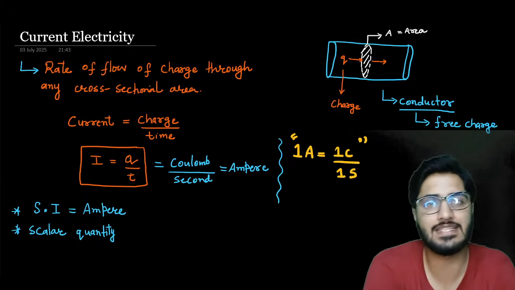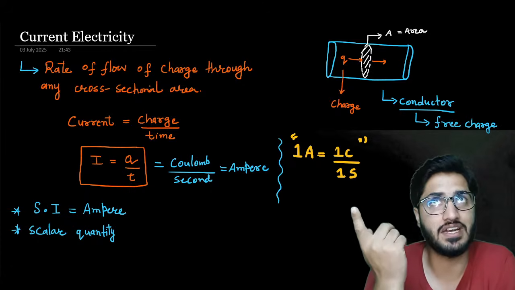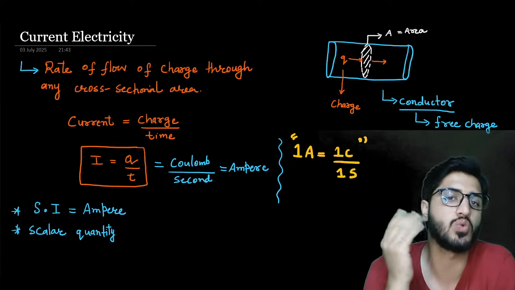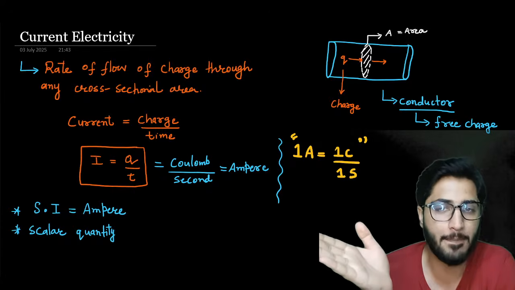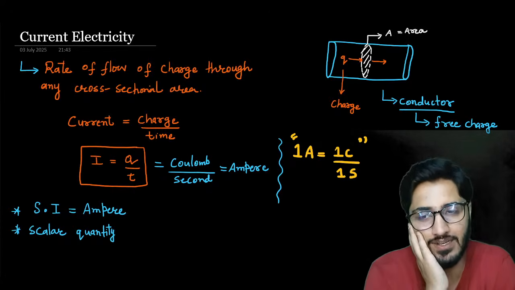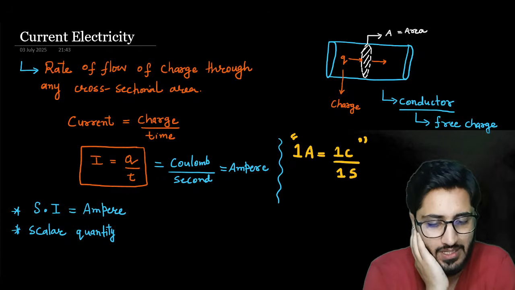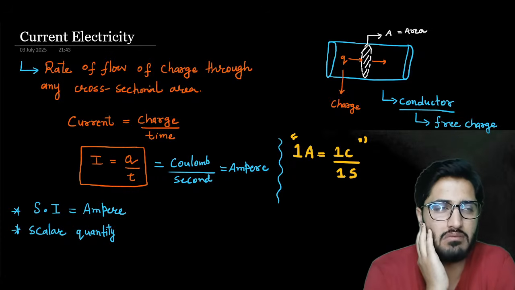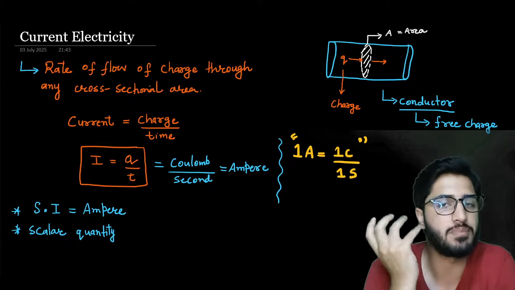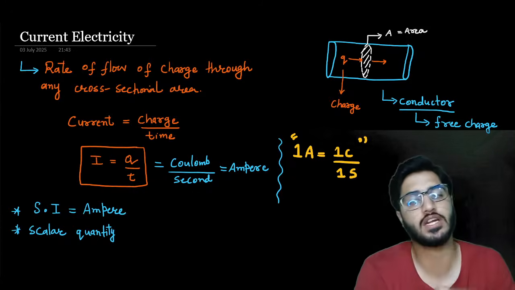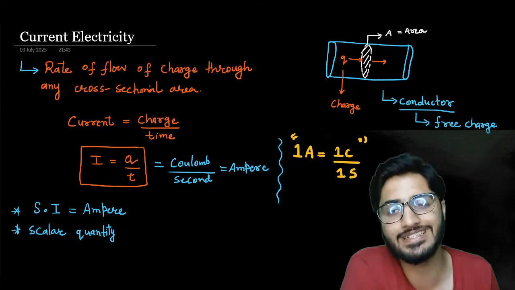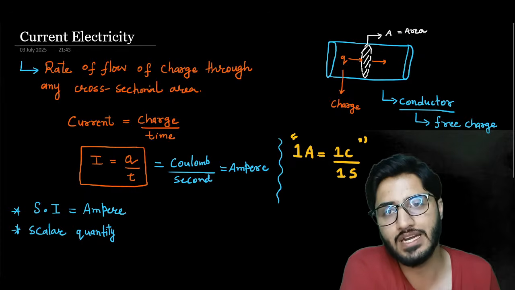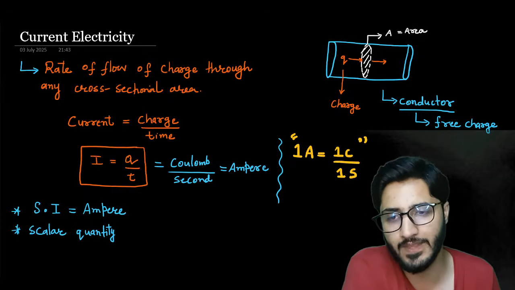You might get this thing in your head, sir. Current is having direction through the wire, and it is also having magnitude. Why then is it a scalar quantity? The cause is very big, but here in a shortcut way, I will make you understand the reason for it.